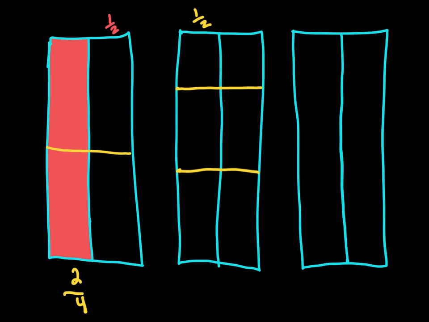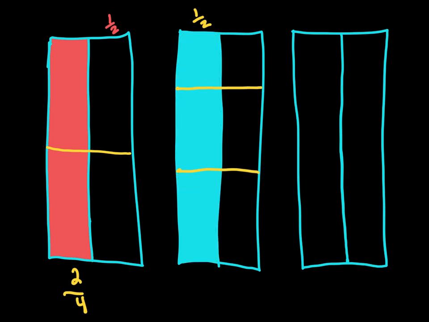We've got, let's see, 1, 2, 3. So now we have 3 pieces colored in, and we cut it up into 6 pieces. So now we have 3/6. So 1/2 is equivalent to 2/4, and it's also equivalent to 3/6.